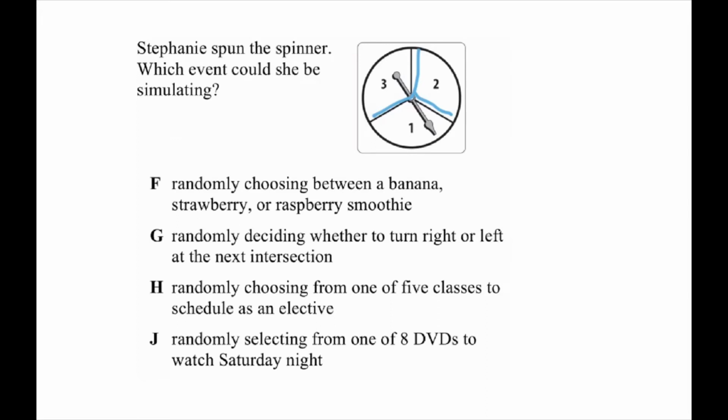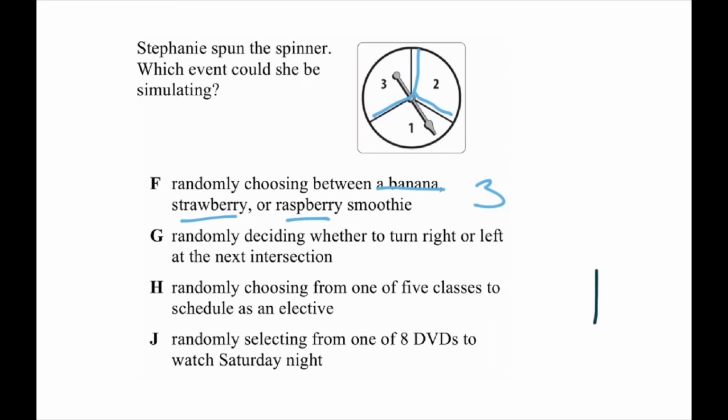As we read F, it says, we're randomly choosing between a banana, strawberry, or raspberry smoothie. Well, that's good. Banana, strawberry, raspberry, so we have 3 options. But let's keep looking to make sure that we find the best answer. G says randomly deciding whether to turn right or left at an intersection.